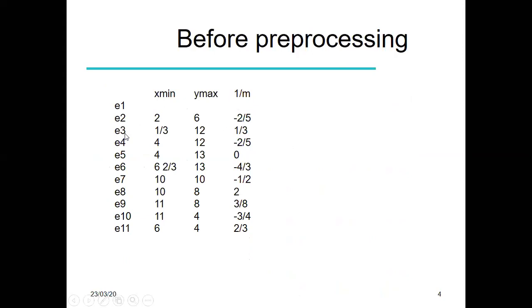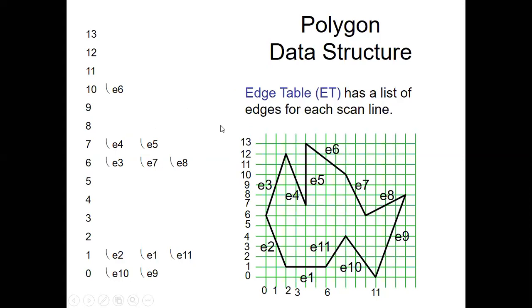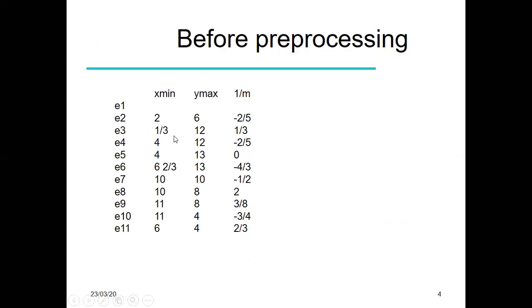Similarly for edge 3, edge 3 starts at this particular point, that is (0, 6), and ends at (2, 12). You can earmark these as x1, y1, x2, y2, and therefore x min is 0.